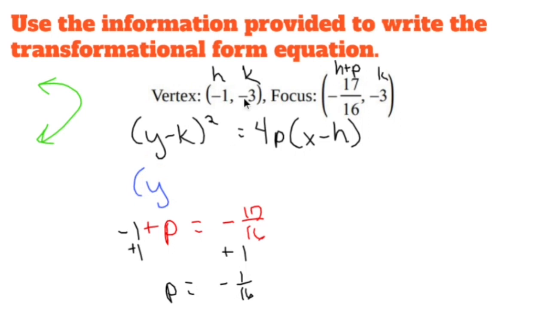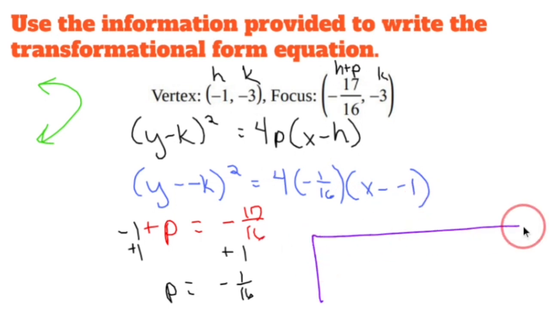y minus k, which is y double negative k, squared equals 4 times p. p is negative 1/16 times x minus h, which is negative 1, another double negative. So let's clean this up and put our answer down here. y minus negative k.